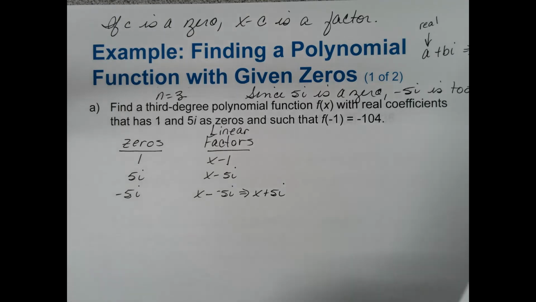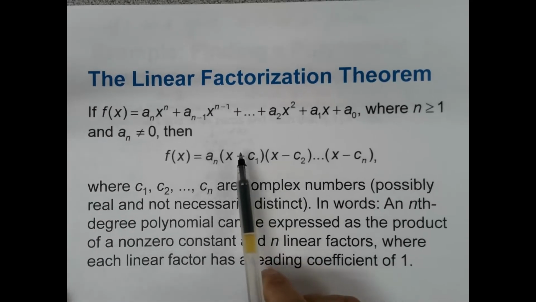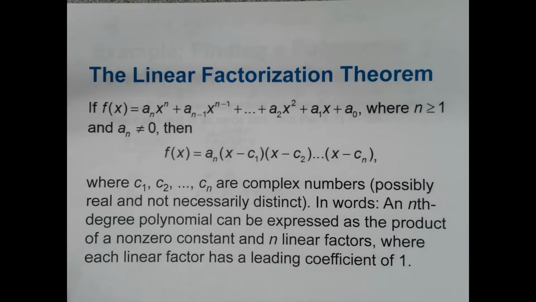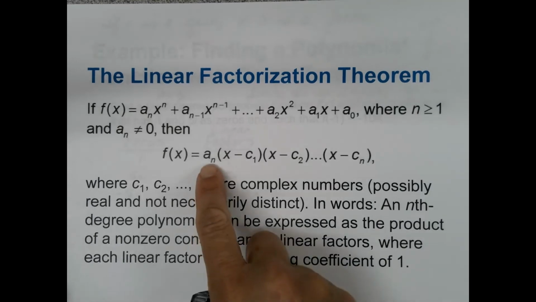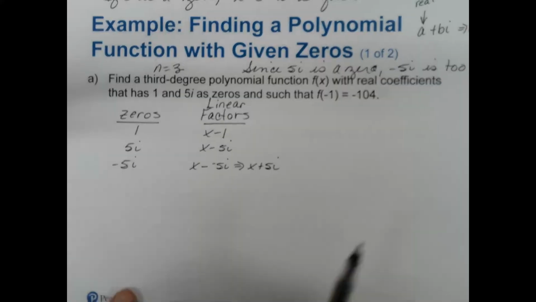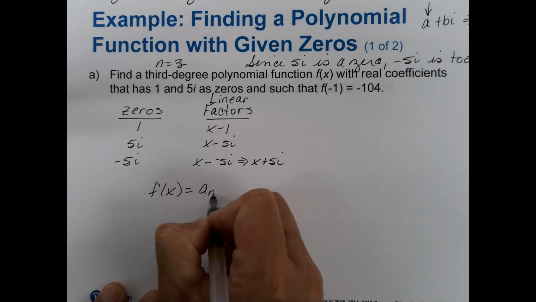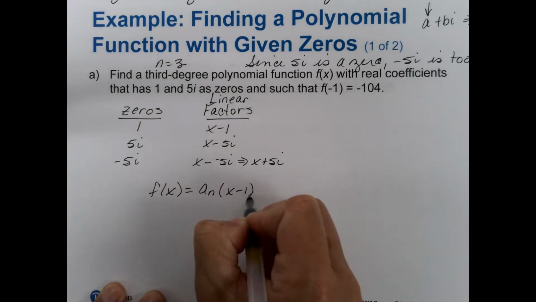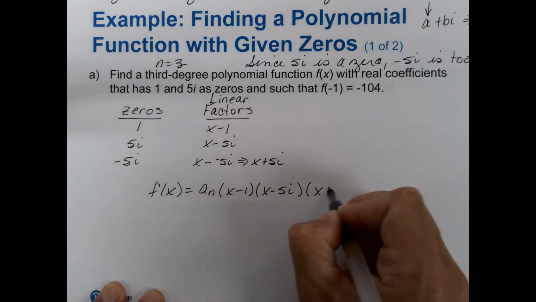So, putting this together with our linear factorization theorem, we have our 3 linear factors. We knew we'd get 3 because we have a degree 3 polynomial. The only thing we're missing is this a sub n out front. So I know my function f of x will equal some number times x minus 1 times x minus 5i times x plus 5i.